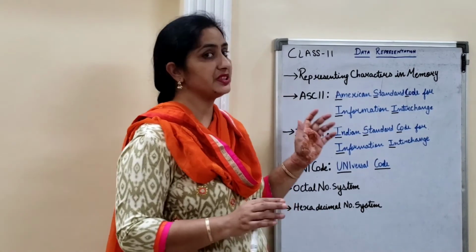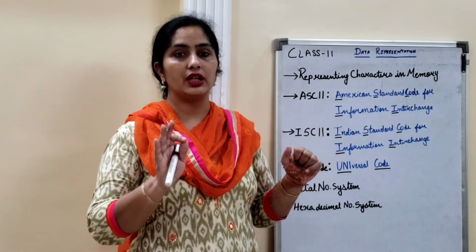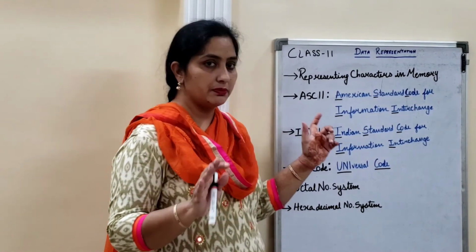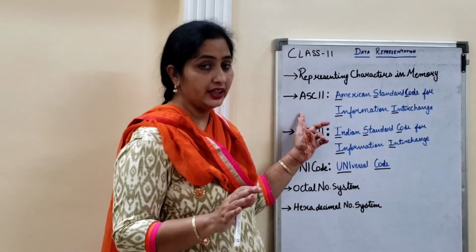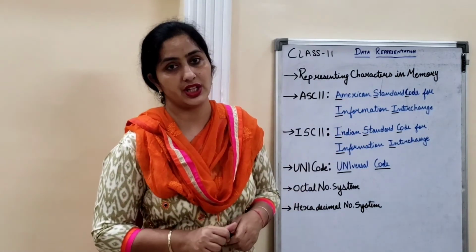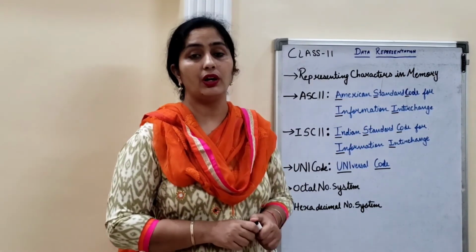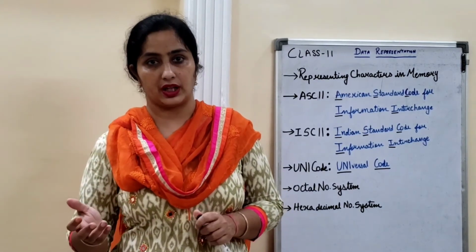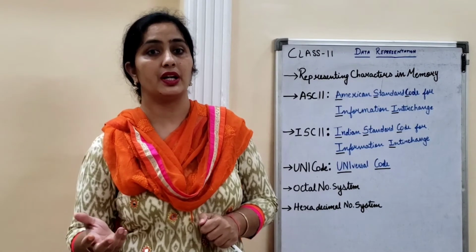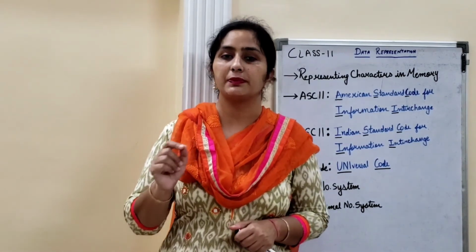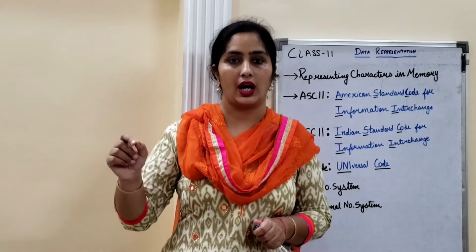Now, how we can represent? Basically, we have three types of character representation in memory. That is ASCII, that is American Standard Code for Information Interchange. As you all know that most of us are using Microsoft products, that is Windows operating system. And in computer, when you did HTML, you all were writing spelling of color C-O-L-O-R.